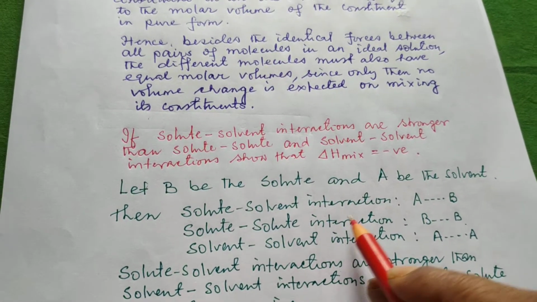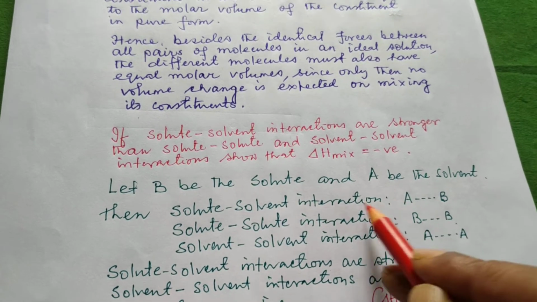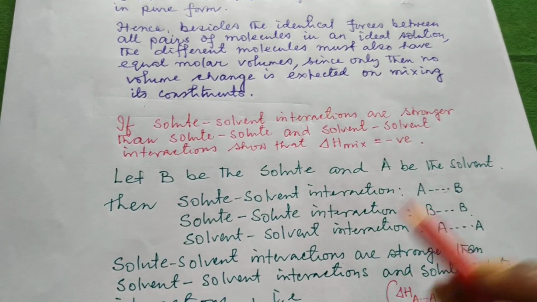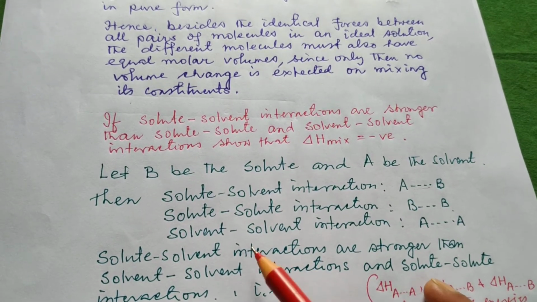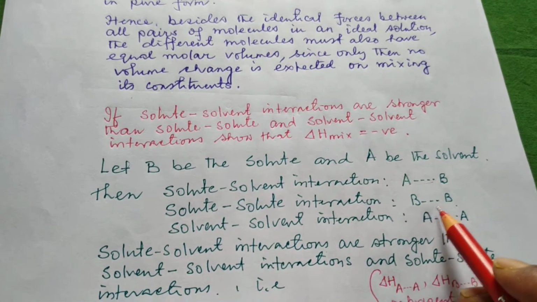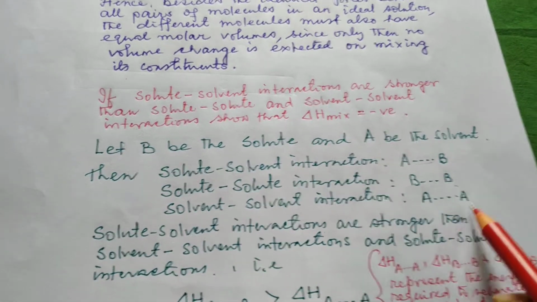Then the solute-solvent interaction will be AB, the solute-solute interaction will be BB, and the solvent-solvent interaction will be AA.